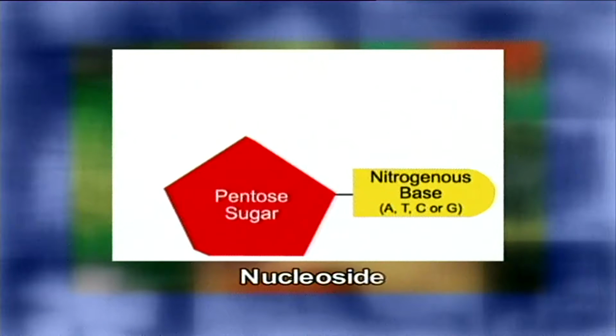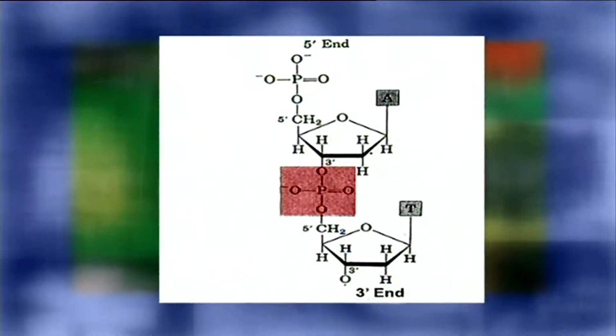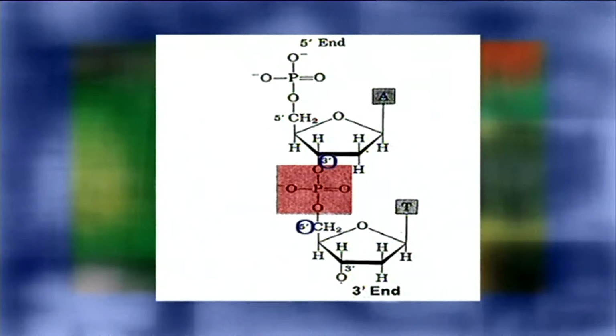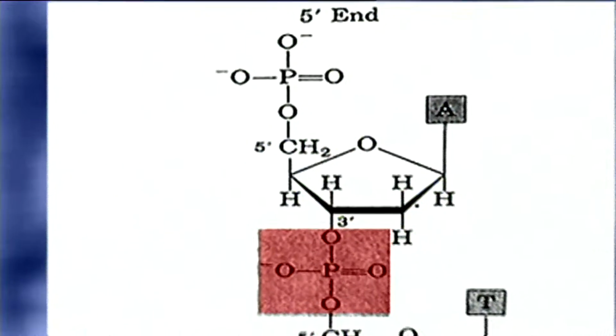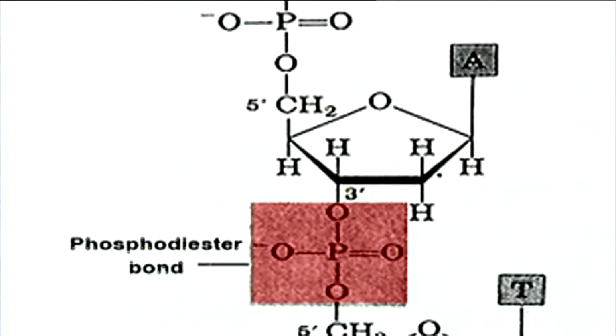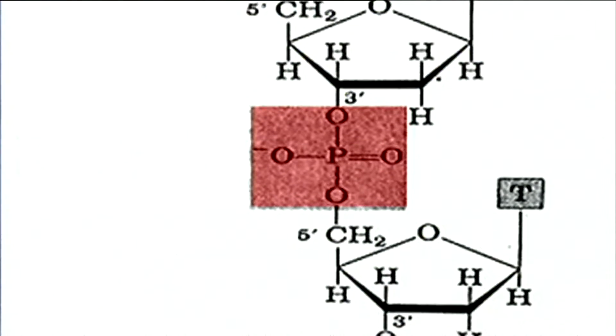A nitrogen base coupled with sugar forms a nucleoside. By the addition of a phosphoric acid molecule to a nucleoside, a nucleotide is formed. The phosphate group is linked to the 2 sugar molecules above and below at carbon number 3 or at carbon number 5. When a number of nucleotide monomer units join through the formation of phosphodiester bonds, that is, involving 2 ester bonds, a polynucleotide chain is formed.